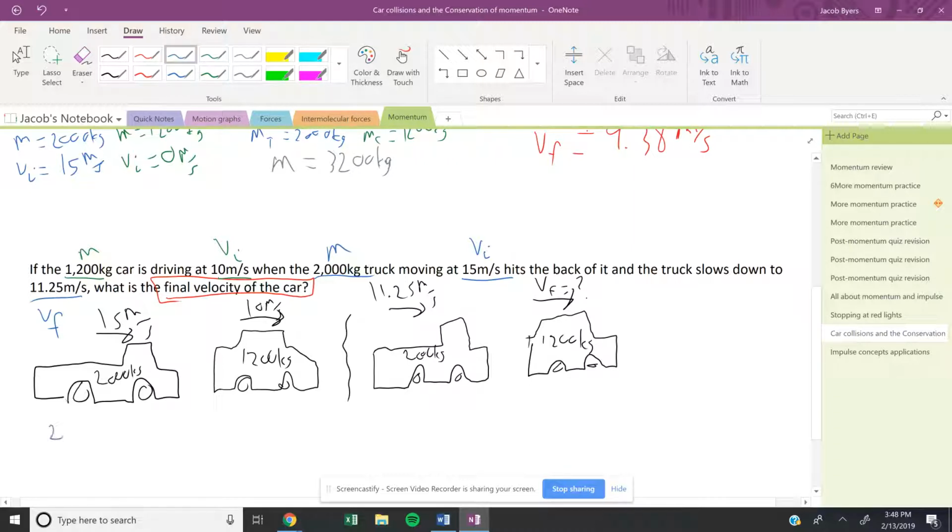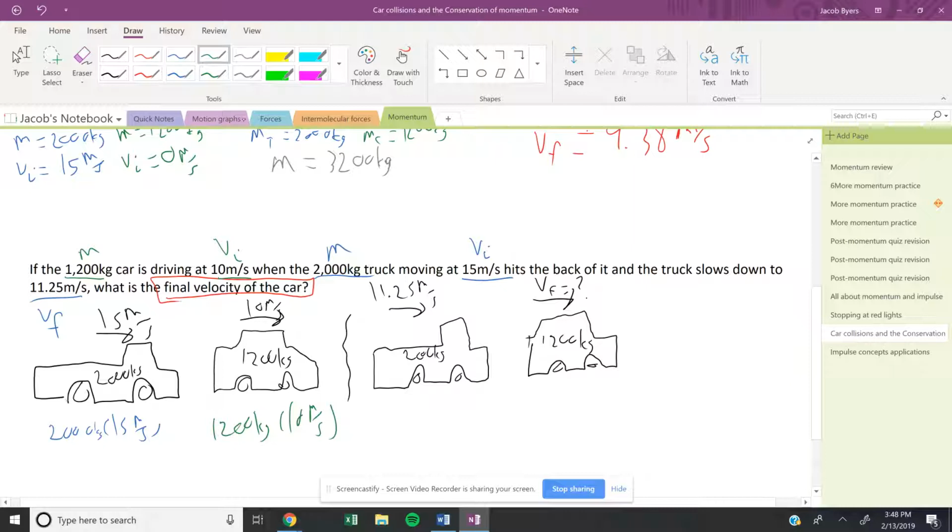So you've got 2,000 kilograms times 15 meters per second, and we've got 1,200 kilograms times 10 meters per second.